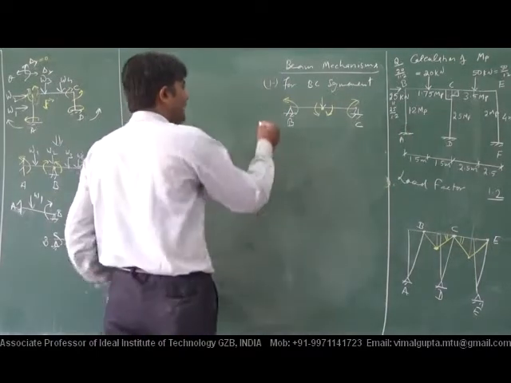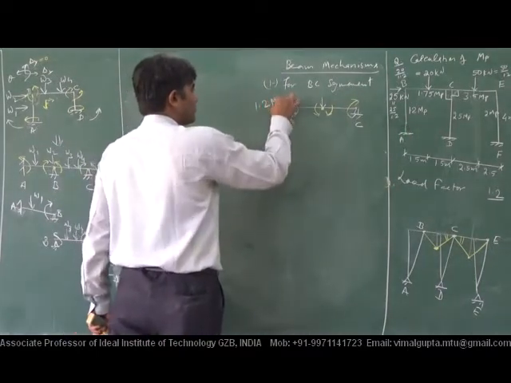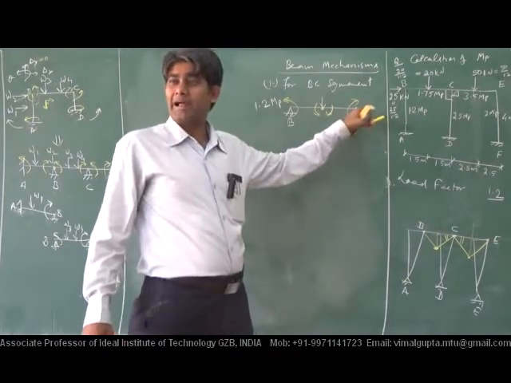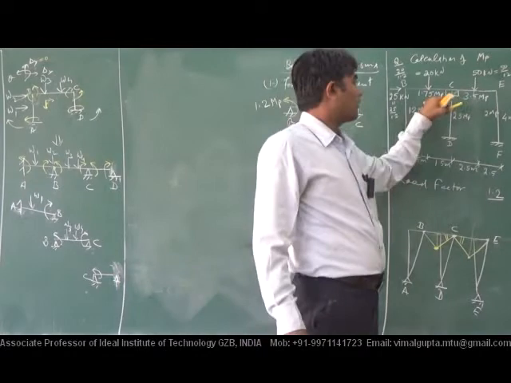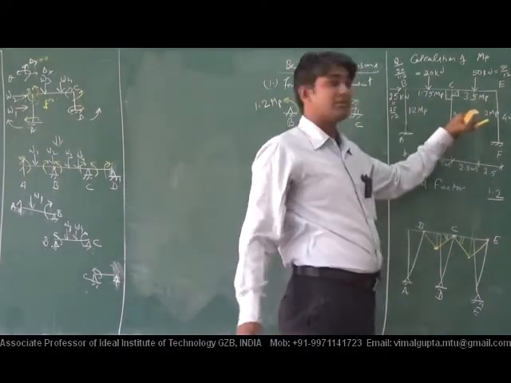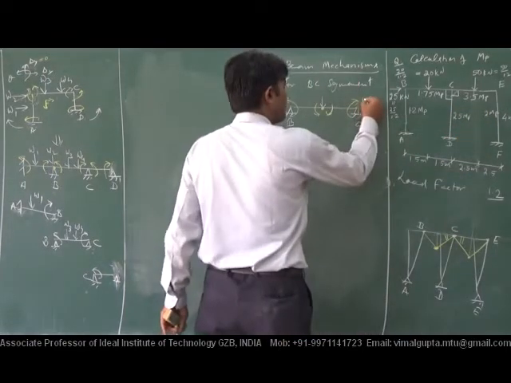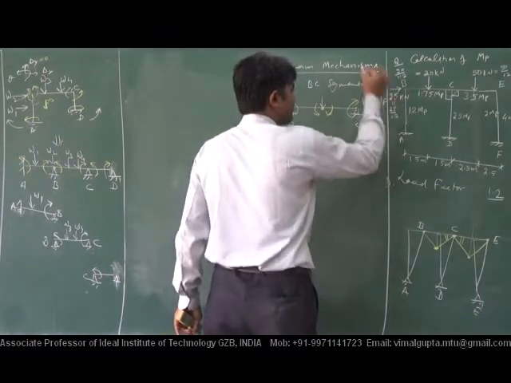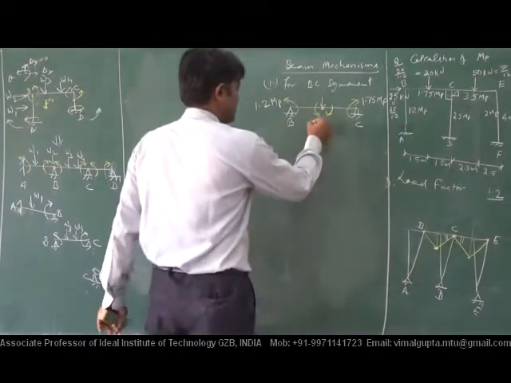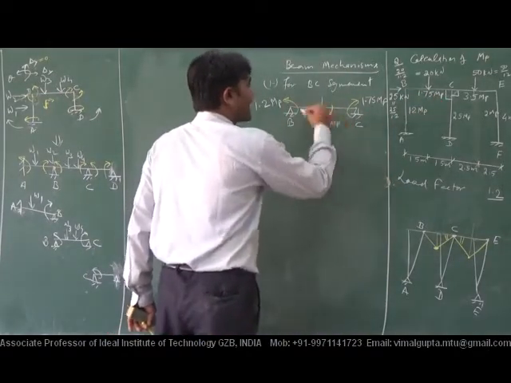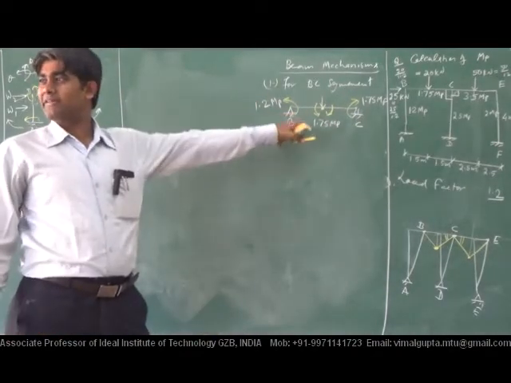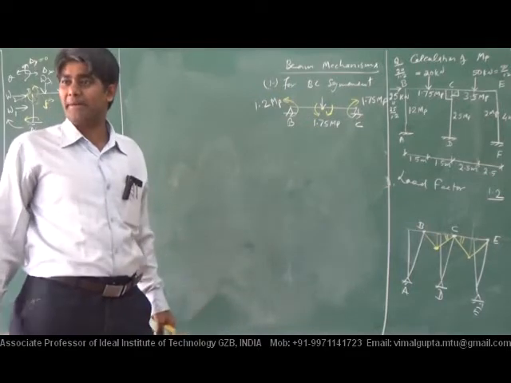So here we will write 1.25 MP. What value we have to write here? At C, 1.75, 3.5, 2.5, which is minimum? 1.75. So we will write 1.75 MP. And in between that, 1.75. So after writing this, everything is very simple. Make the deflected shape.